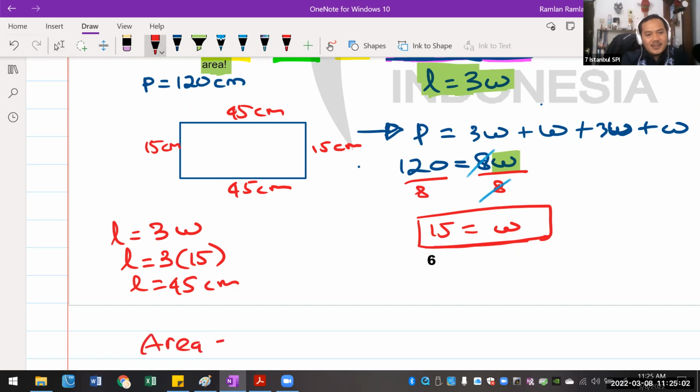Almost. Area is actually length times width, yeah, right? So what is the length and what is the width, Felisa? We have the length and we have the width, right? Or from here. So what do you suggest, Felisa?